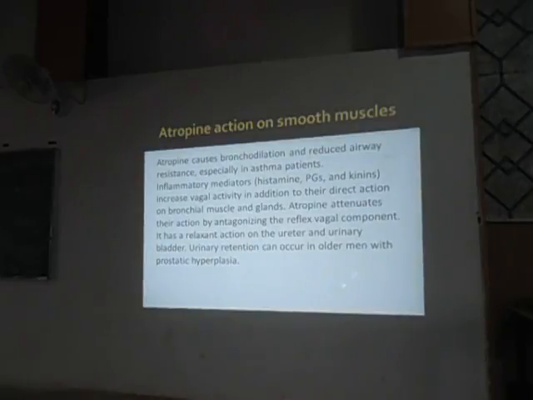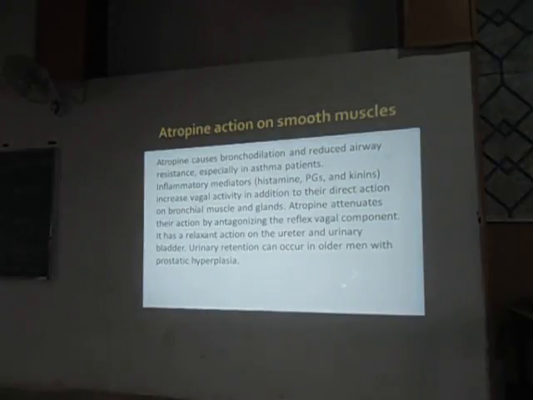So atropine action on smooth muscles: what can happen? It causes bronchodilation. What are the drugs we are using here? Drugs used in COPD and bronchial asthma: ipratropium bromide, tiotropium bromide.